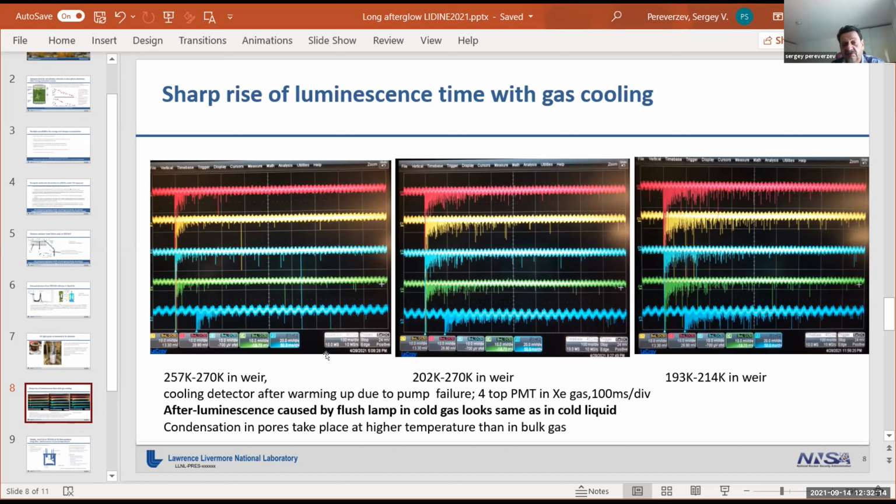Then we tried to cool the gas, and we found that it starts to rise before you get liquid in the detector. So it's sufficient to have cold gas in the detector to see this luminescence about the same as in liquid. And this points to possibly exactly this effect, that xenon is already condensing on surfaces and inside pores in Teflon, and can produce this luminescence.